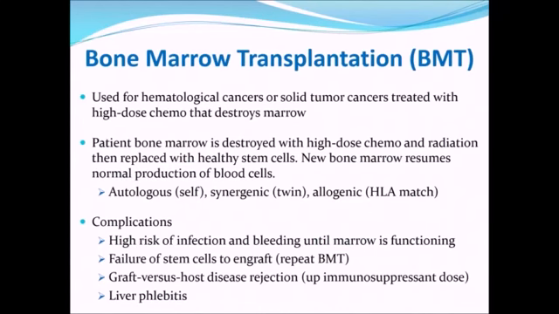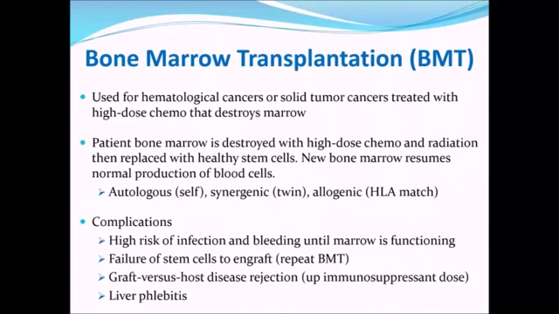We're going to use high-dose chemo, high-dose radiation. We're going to completely obliterate it. And that is going to allow us to then infuse healthy stem cells that should make their way to the bone marrow and then resume normal production of your blood cells, your red cells, your white cells, and your platelets.